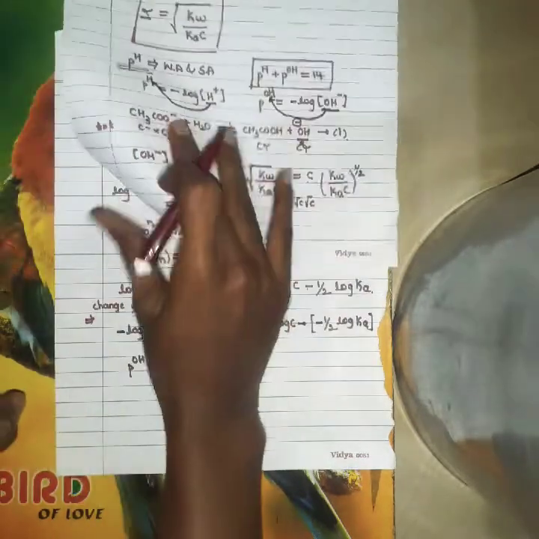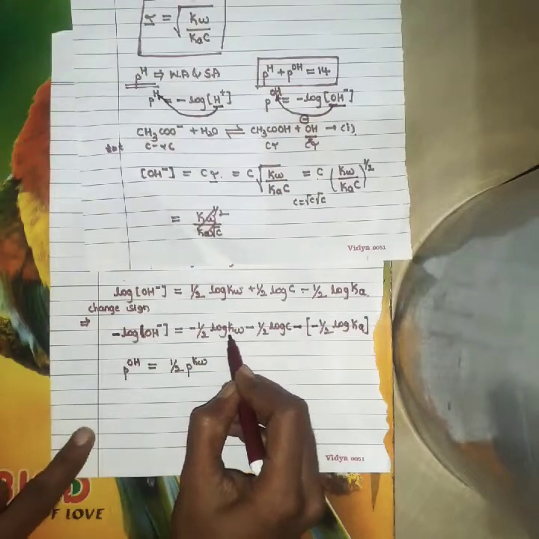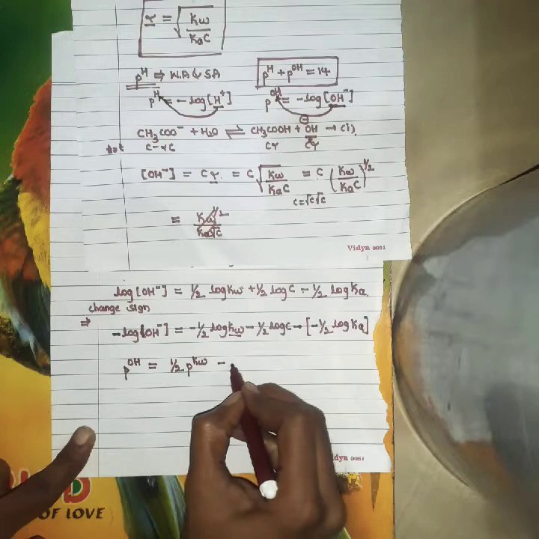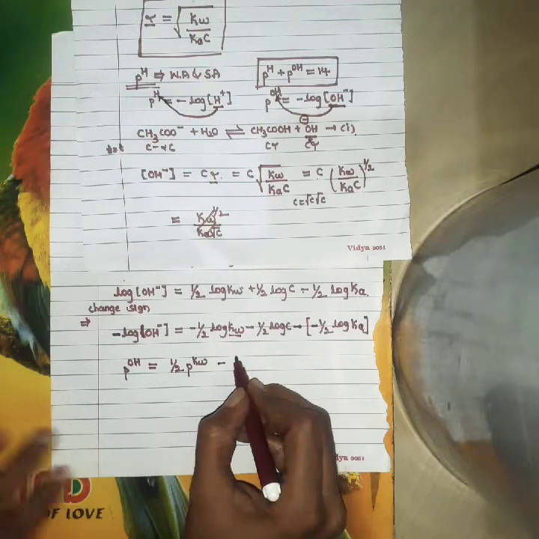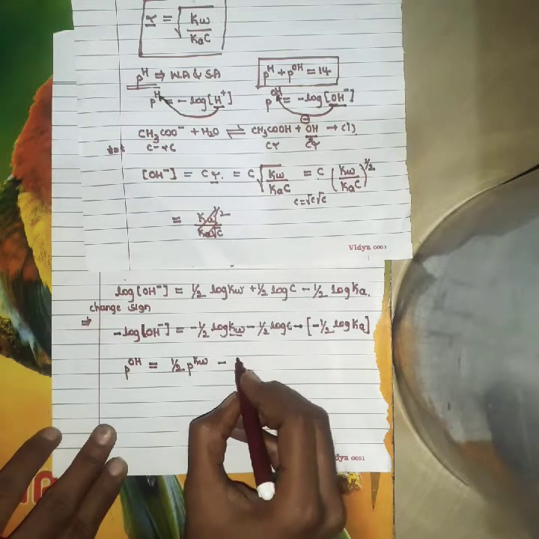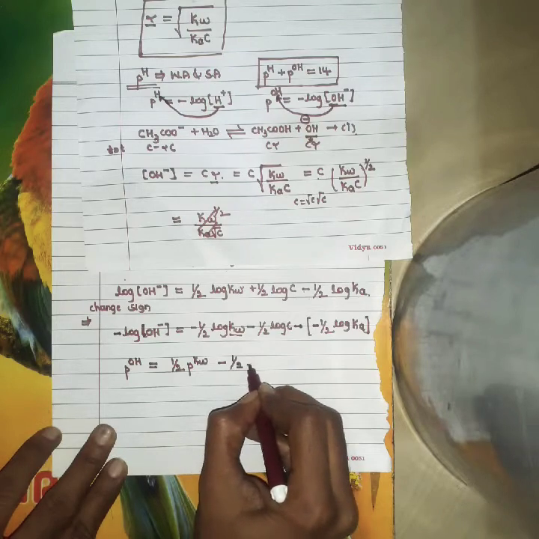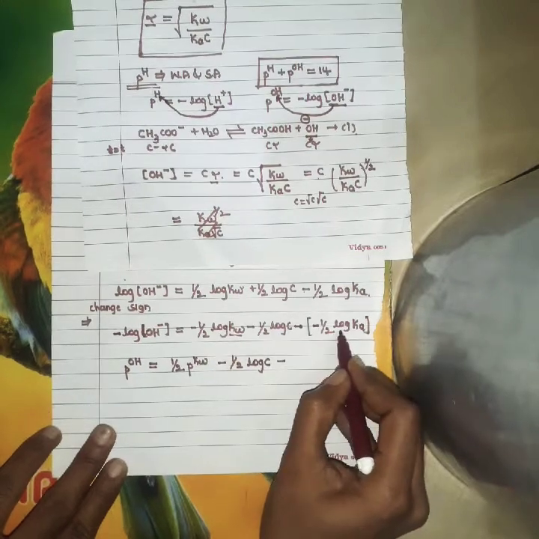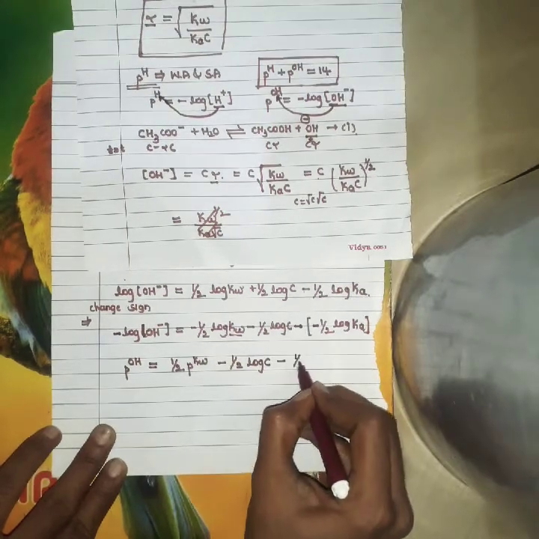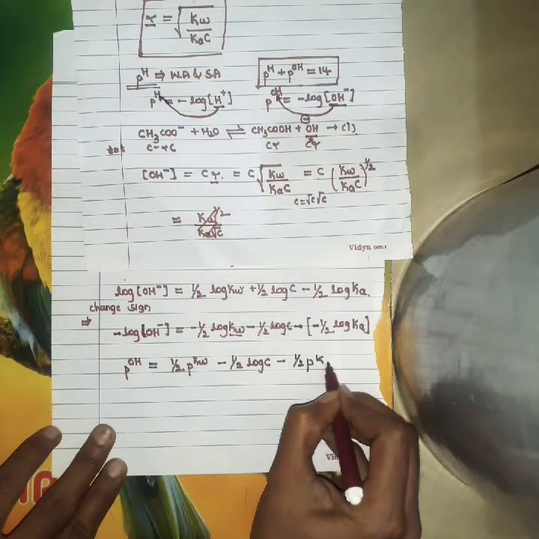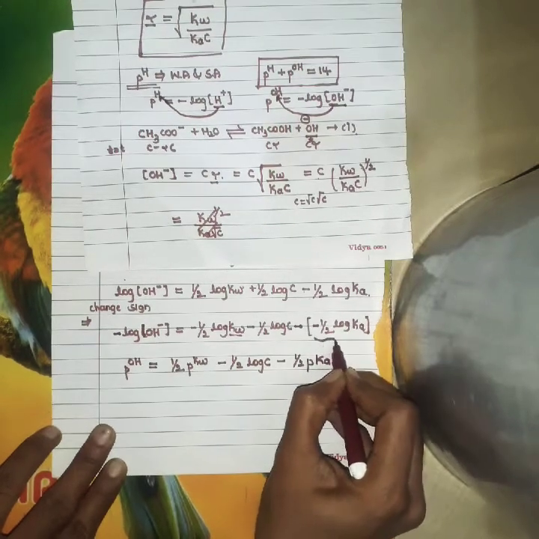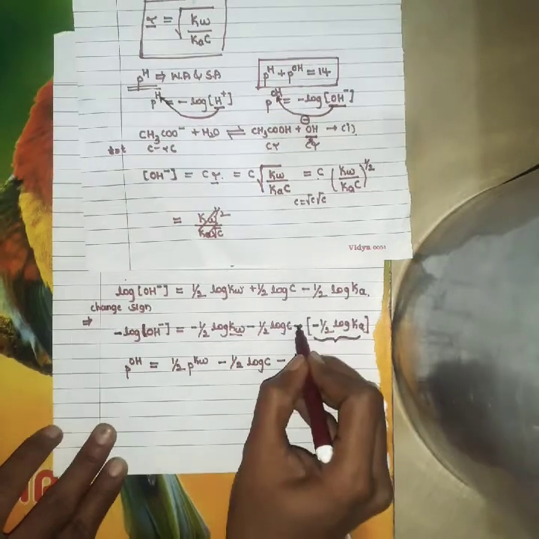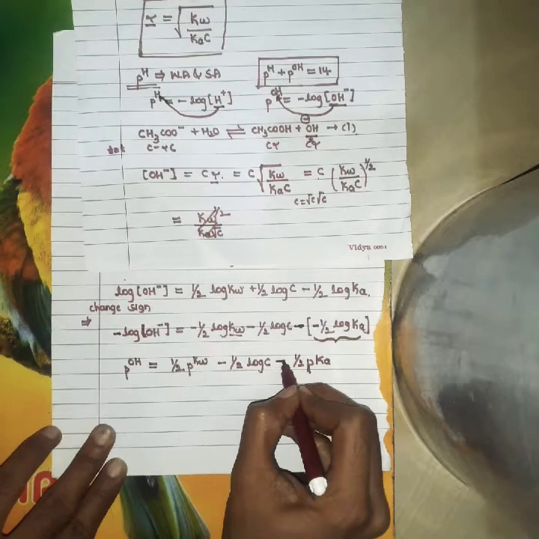Log of Kw is there, therefore it is pKw, minus 1 divided by 2 log of C, and minus 1 divided by 2 pKa. The already existing negative will come along.